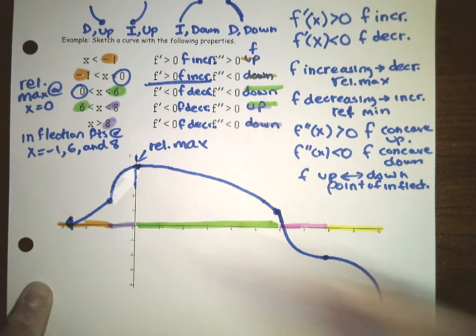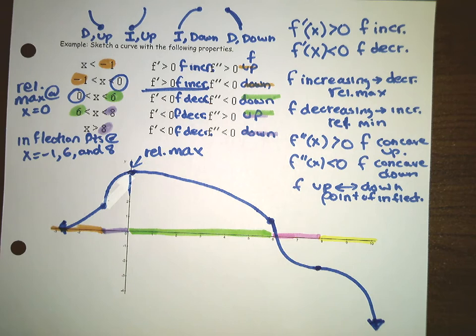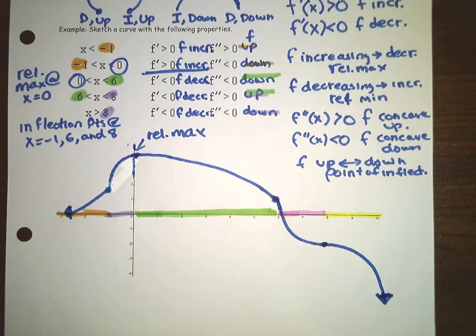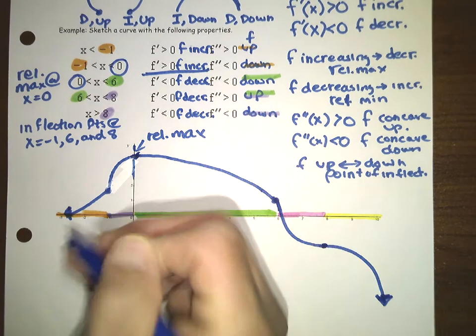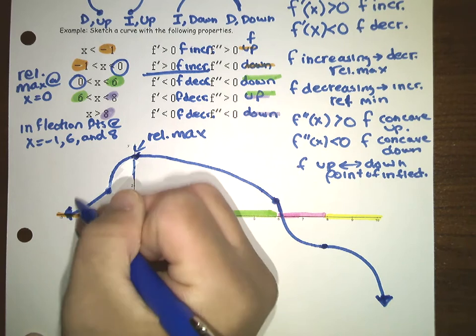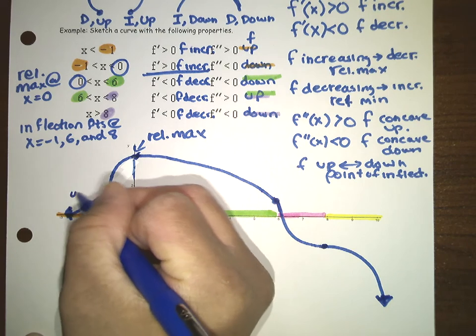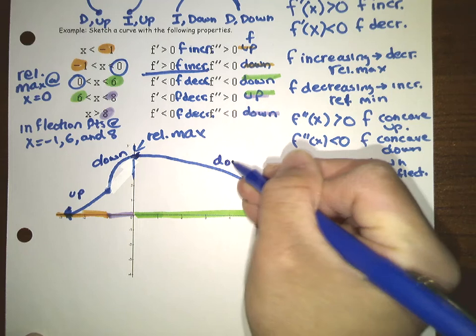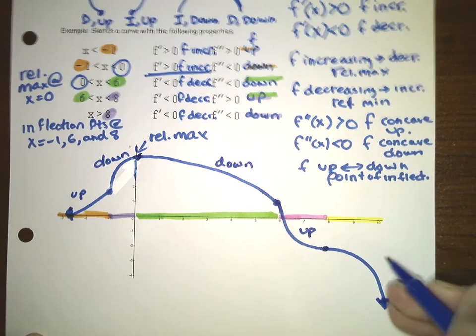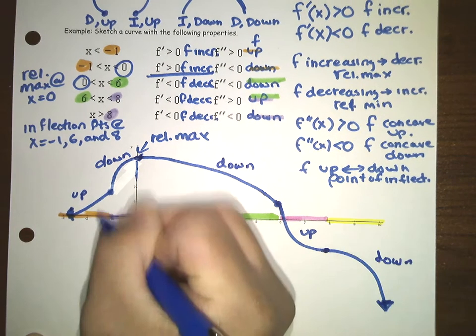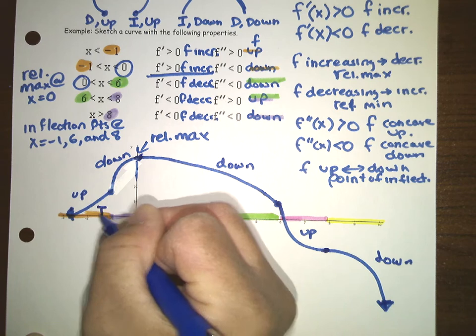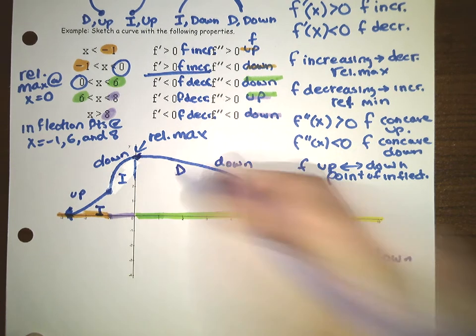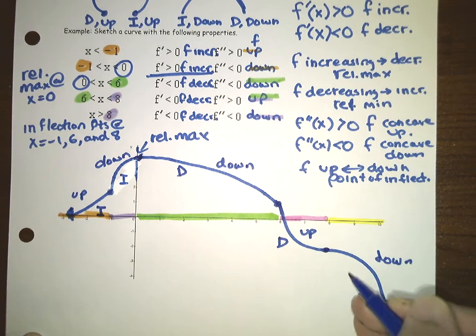And there we go. That's the general shape of the graph here. So we had concave up, then down, and then down, and then up, and then down, and then we had increasing, increasing, decreasing, decreasing, decreasing.